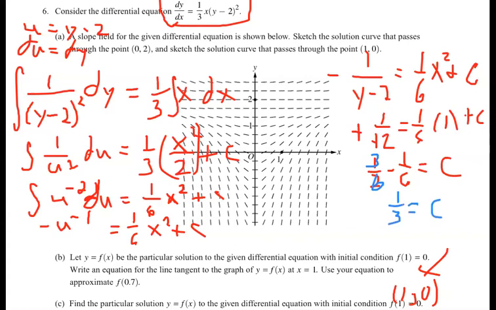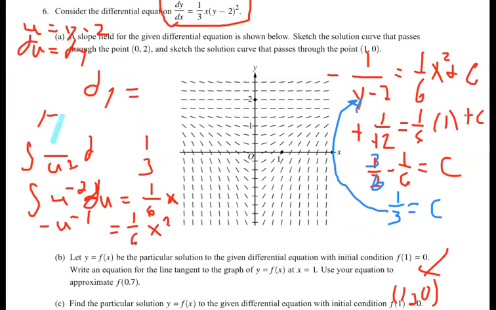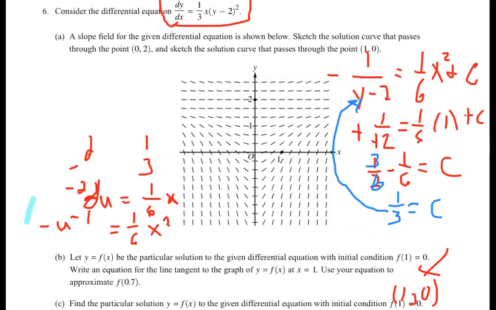So now I've got to plug that c value back up here into there where I did it. So I'm going to erase this left side because I'm going to have to solve this for y. And then I'll be done. So bear with me while I erase this stuff over here.